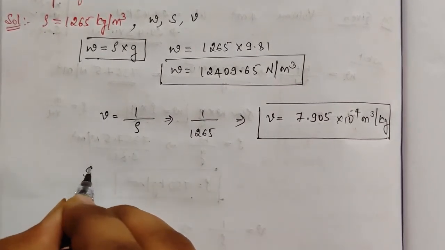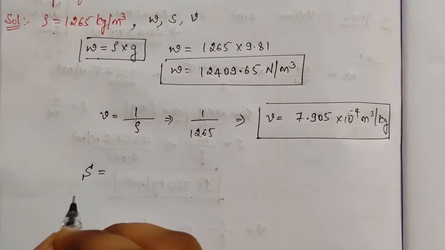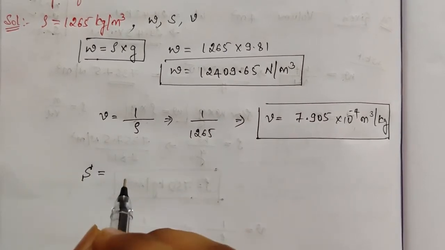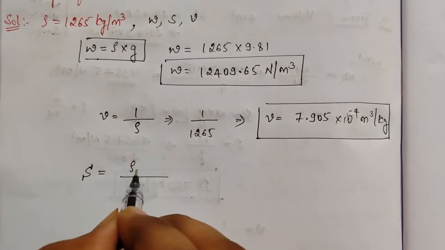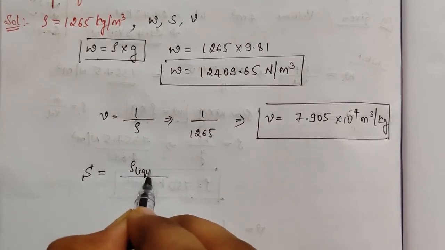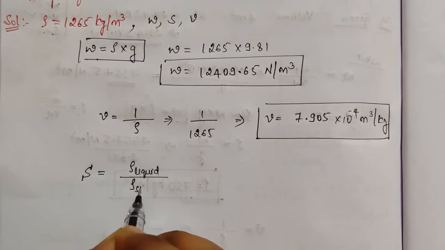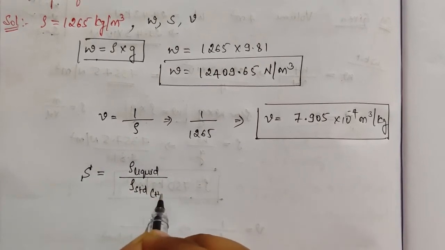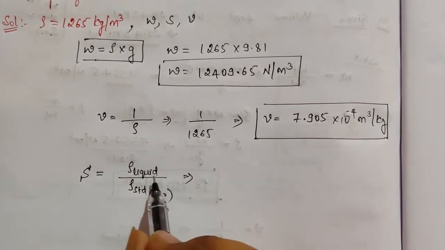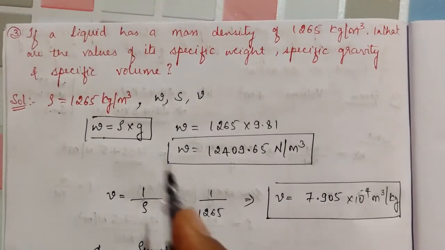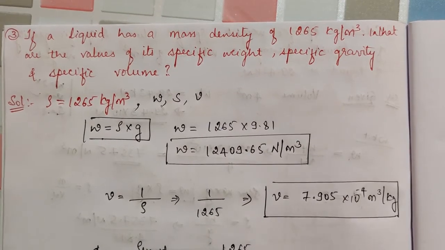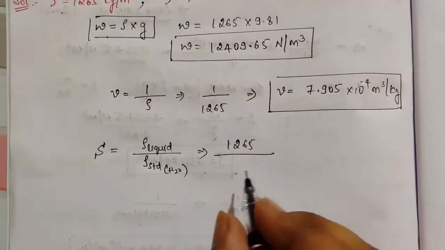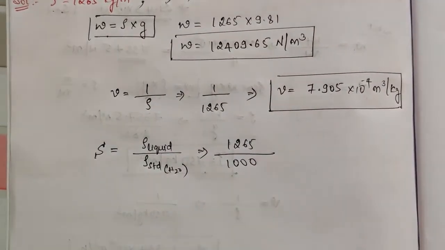Now specific gravity. In this problem we will calculate it by density. I will take the density of this liquid divided by the standard liquid. The standard liquid is water. The density of the given liquid is 1265, and the density of water is 1000.